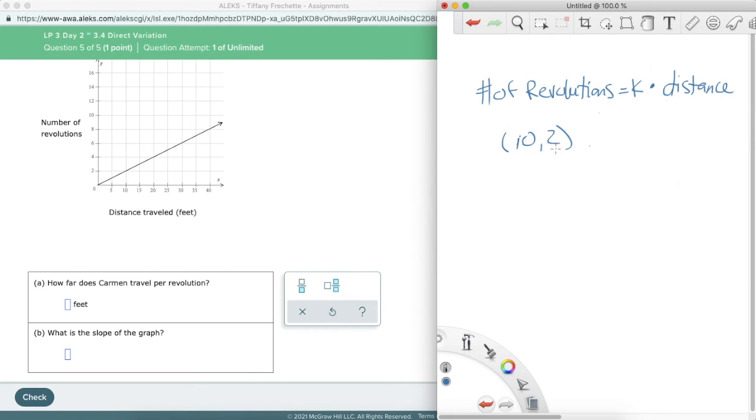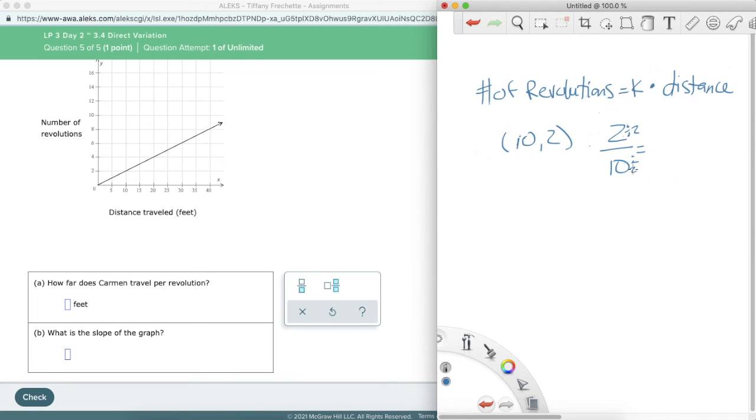Well, I want to know what is the ratio of y over x. So y over, oops, and I wrote it backwards, y over x, like this. Well, 2 divided by 10, we don't want to turn it into a decimal necessarily. What we want to do is reduce. I can divide by 2 for both of these. That's how I can reduce this.